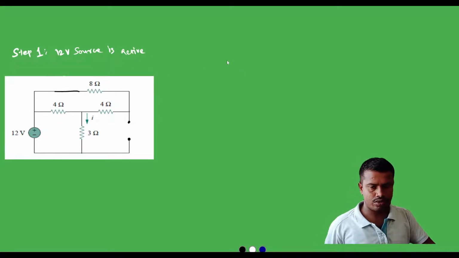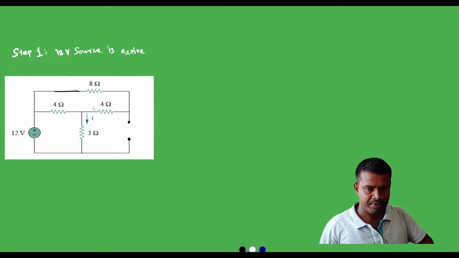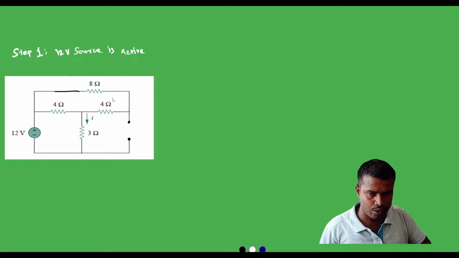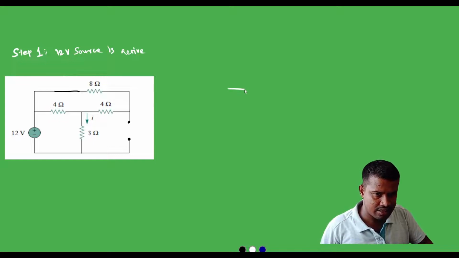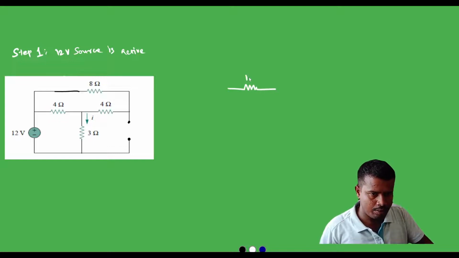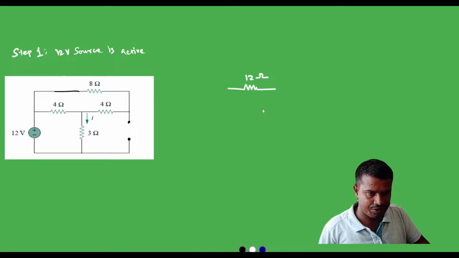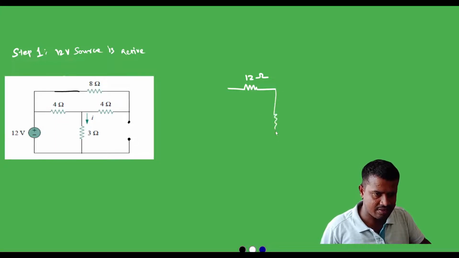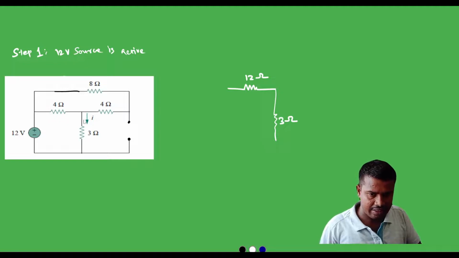When the 12 volt source is active, the 8 ohm and 4 ohm resistances are in series, so we can write it as 12 ohm, and further 3 ohm is in series with this, and a 4 ohm resistor is in parallel with the 12 ohm resistor.